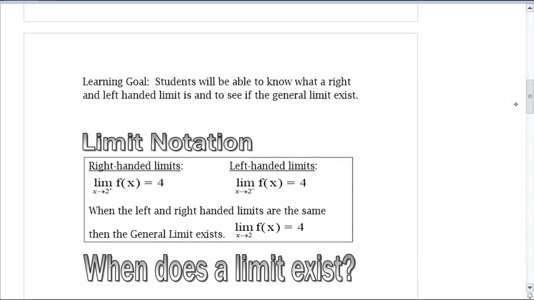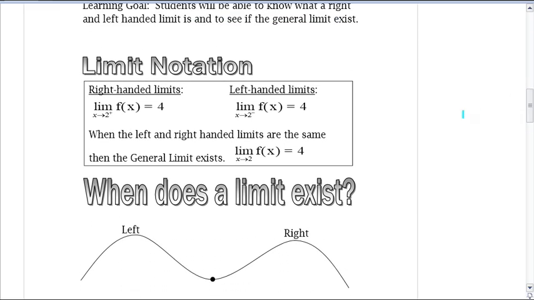let's take a look at limit notation here. If I have a right-hand limit, it basically looks like this: the limit as x approaches 2, with a little plus for the right-hand side, of f of x, and in this case I just said equal to 4. You would have to solve and see what it's equal to.